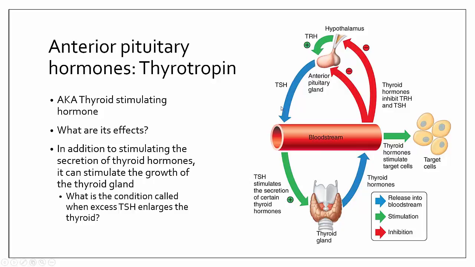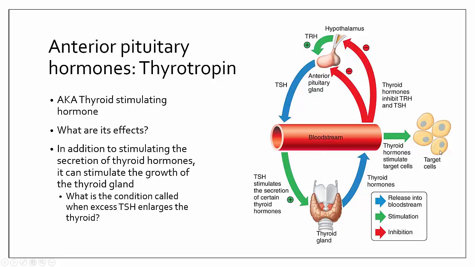And then they are released into the bloodstream. So blue arrow means released into the bloodstream. So TSH is released into the bloodstream and travels through the blood until it finds its target cells in the thyroid gland. Okay? Stimulation. So it stimulates the thyroid gland, which then releases thyroid hormones into the bloodstream. Blue arrow. The thyroid hormones go on and stimulate their own target cells.